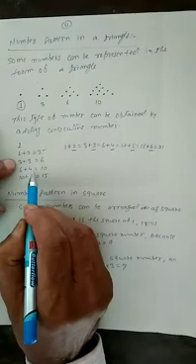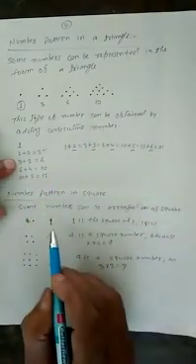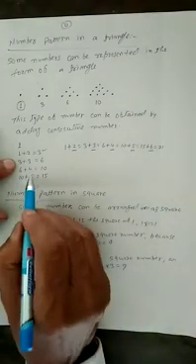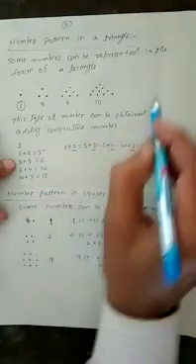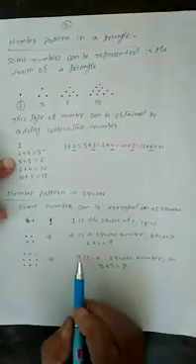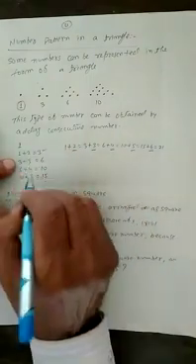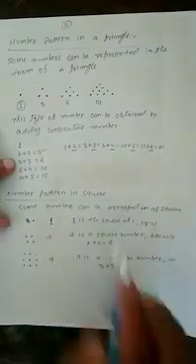After 3 we add 4. 6 plus 4 is equal to 10. 10 can also be represented as a triangle. Then 10 plus 5, after 4 comes 5, gives 15. 15 can also be represented as a triangle. So those numbers which are obtained by adding consecutive numbers can be represented in the form of a triangle.